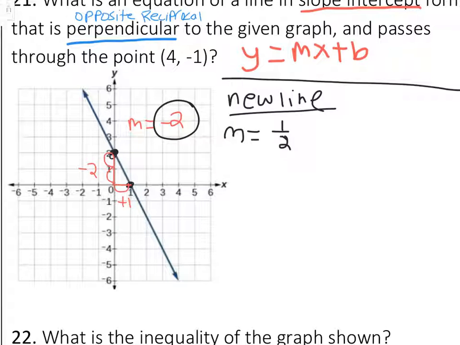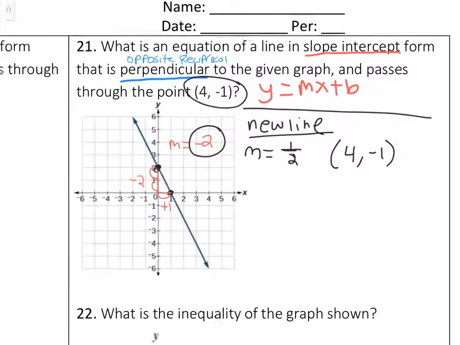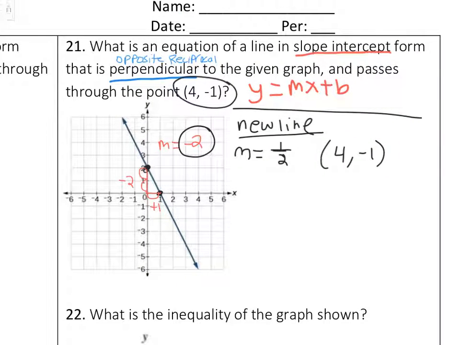So the opposite reciprocal is positive 1/2. Then we know we have a point of (4, -1), as it says in the question up top. We are going to use point-slope form first to write our equation, then we'll transform it into slope-intercept form.